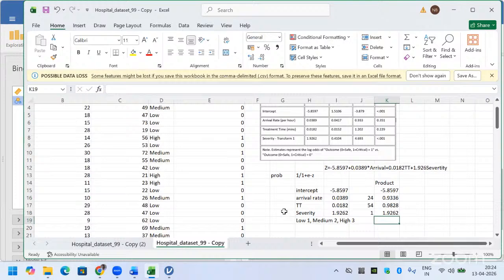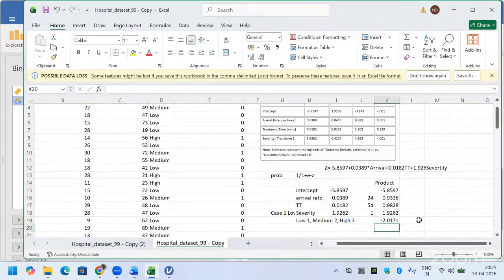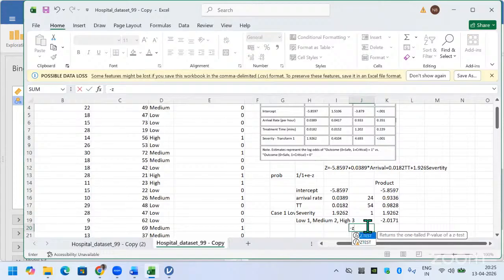I'm assuming case 1 as low, that's why I've taken 1 here. Maybe next I'll try to change that one. For finding the sum, I'm using the sum of all these things. Once I get this sum, as I already told, I'll make minus z, the negative z.